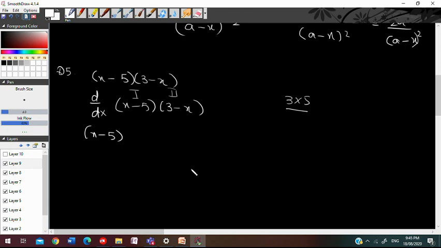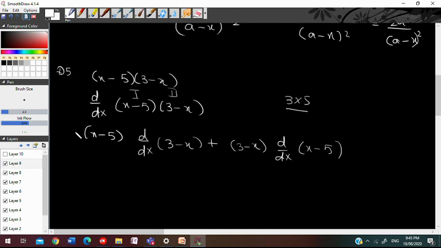So it's up to you. Now (x - 5) remains the same, and you just apply d by dx on your second function. Then the plus sign is from your formula, and then the second function remains the same, and you apply the derivative on your first function.